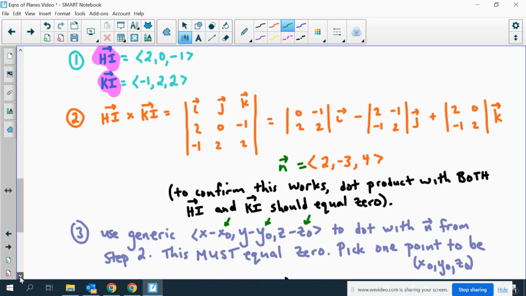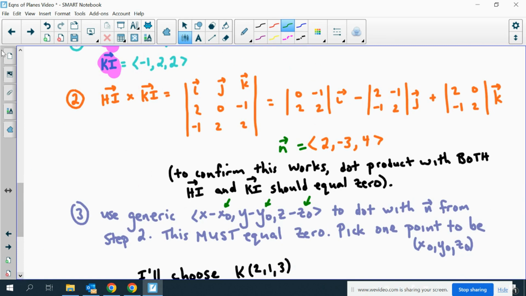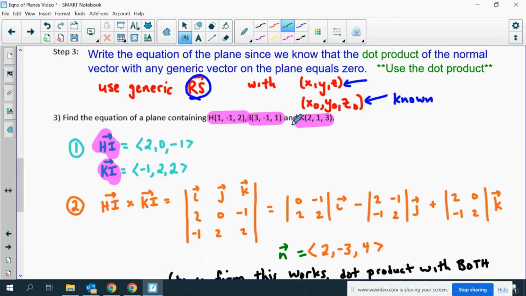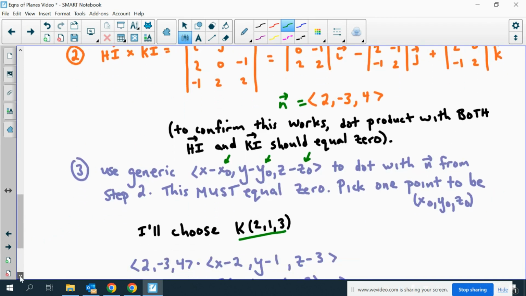So when we do the dot product of that, it equals 0, because we know that when we do the dot product of 2 things that are perpendicular, it ends up being 0. So I'll choose K. You could have chosen any one, but I chose K because I don't have any negatives in K, so it's a little easier to do.